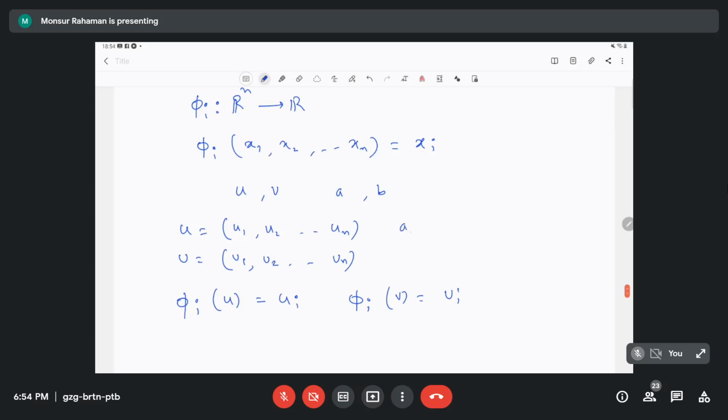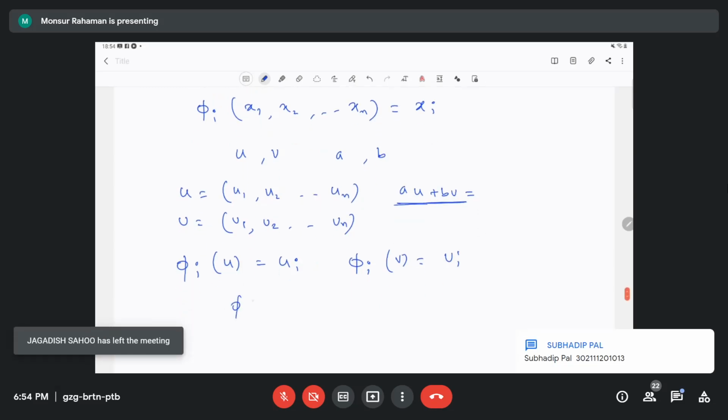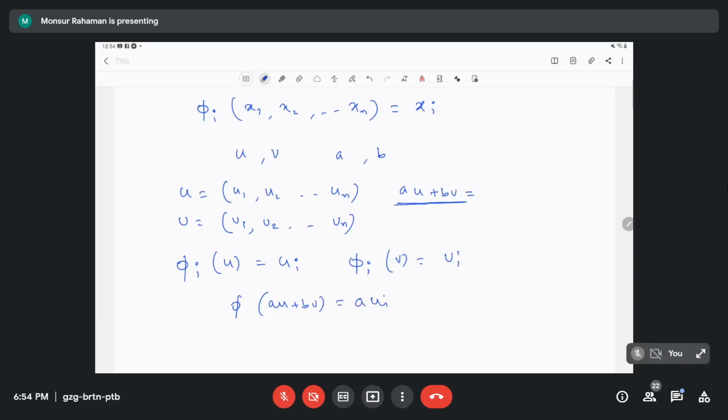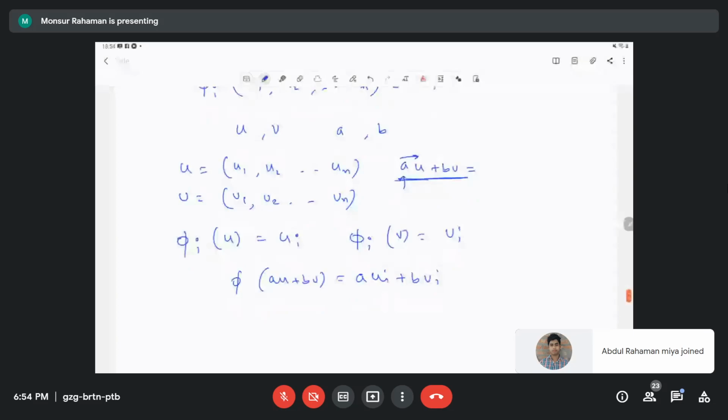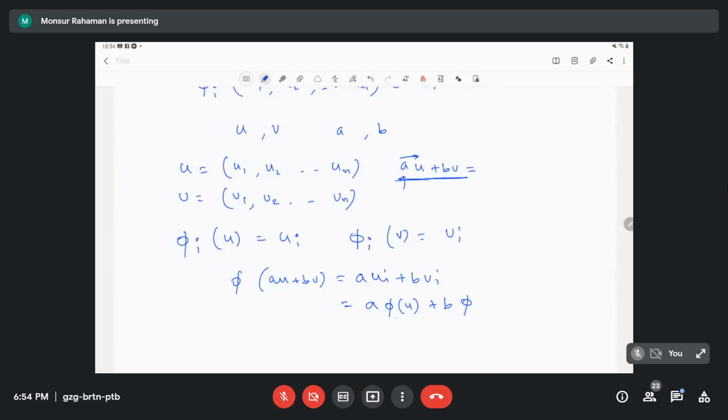If you add au and bv, what will the ith term be? The ith term of au plus bv will be a ui plus b vi, because addition is component-wise and multiplication is with each component. This is a scalar. So obviously it is a phi i of u plus b phi i of v. So this is a linear transformation.